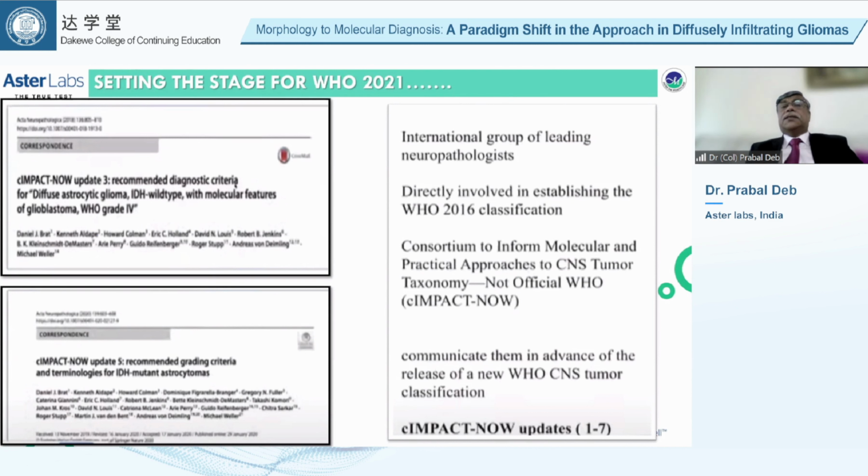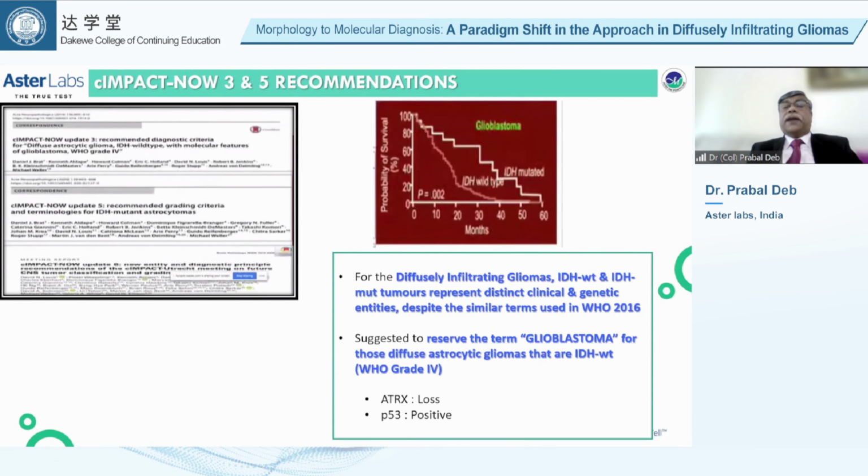So this set the stage for WHO 2021, where an international group of leading neuropathologists and neuro-oncologists got together to form a consortium to inform molecular and practical approaches to CNS tumor taxonomy, which is called cIMPACT-NOW. There have been various updates on cIMPACT-NOW, and over the years it has been refined.